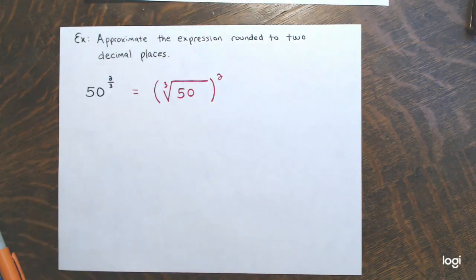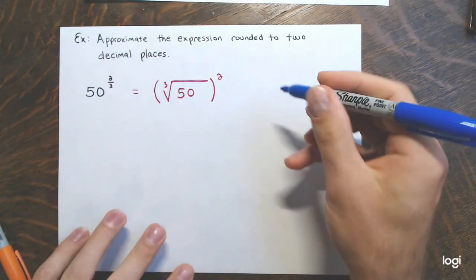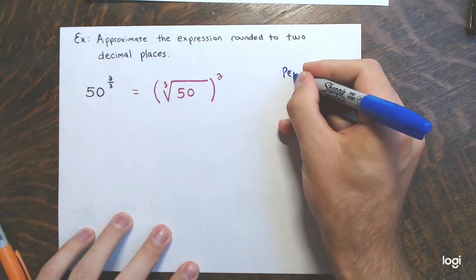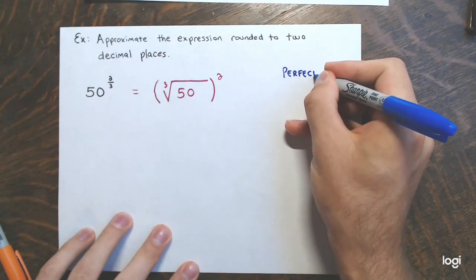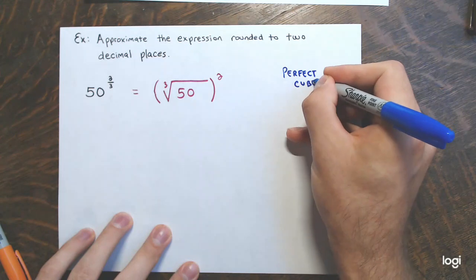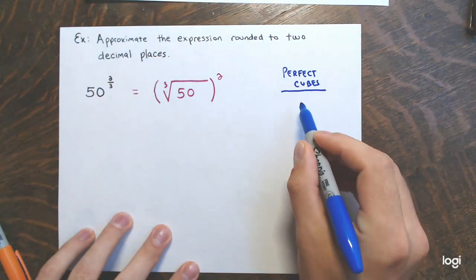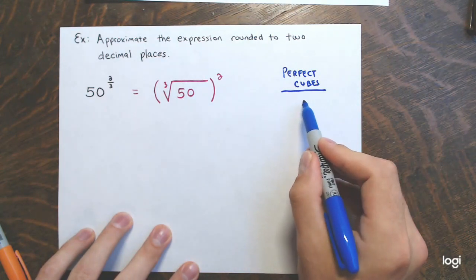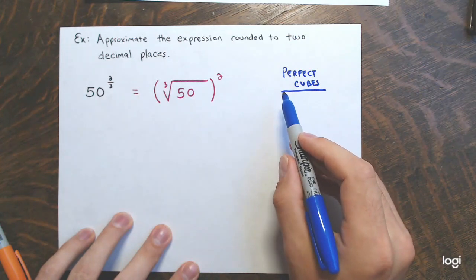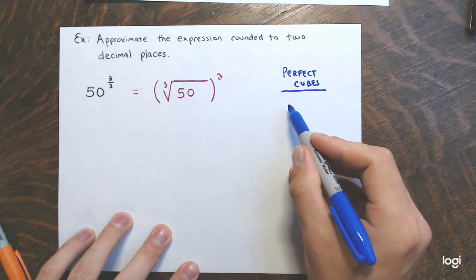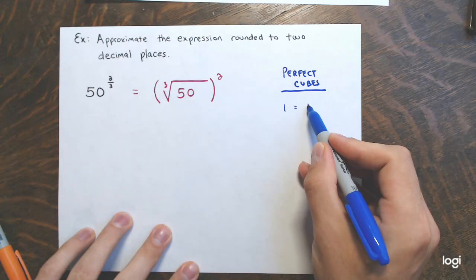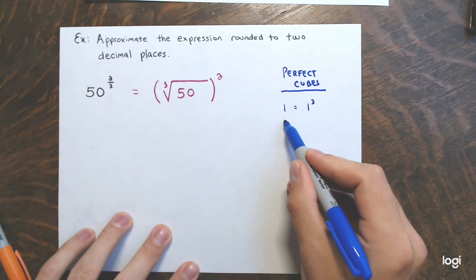Well, 50 is not a perfect cube, right? Here are some perfect cubes off to the side. Now I'm just going to look at the positive ones. Yes, I know -1 and -8 and -27 and so on are perfect cubes. But 1 is a perfect cube. You can write that as 1 cubed. 8 is a perfect cube.